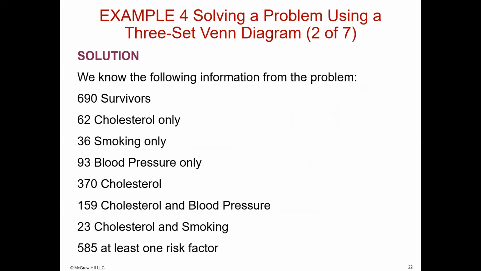On this slide it says 62 cholesterol only, 36 smoking only, and 93 blood pressure only. In general, we normally move from the bottom up to assign these regions, but we're seeing a problem for the first time where that is not being adhered to strictly. You're right. We really need to go up to these onlys and populate them first to crack the ice. So 93 only had blood pressure issues.